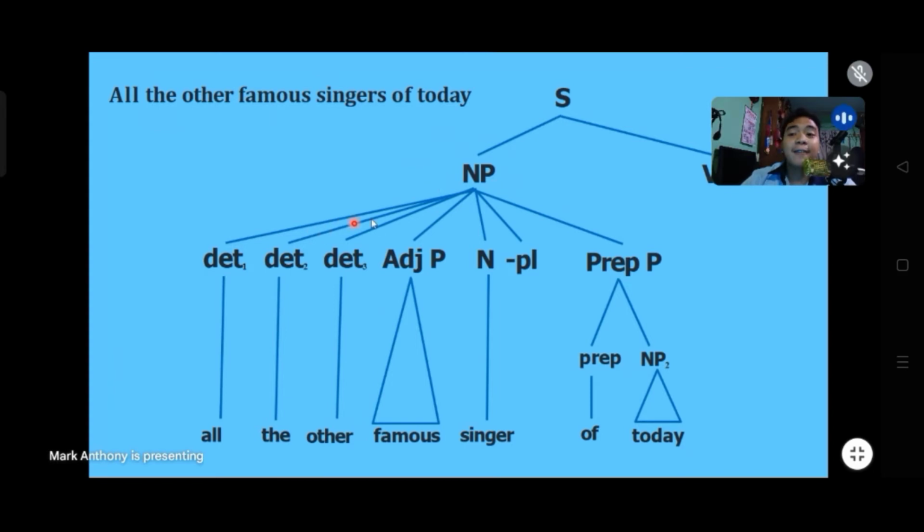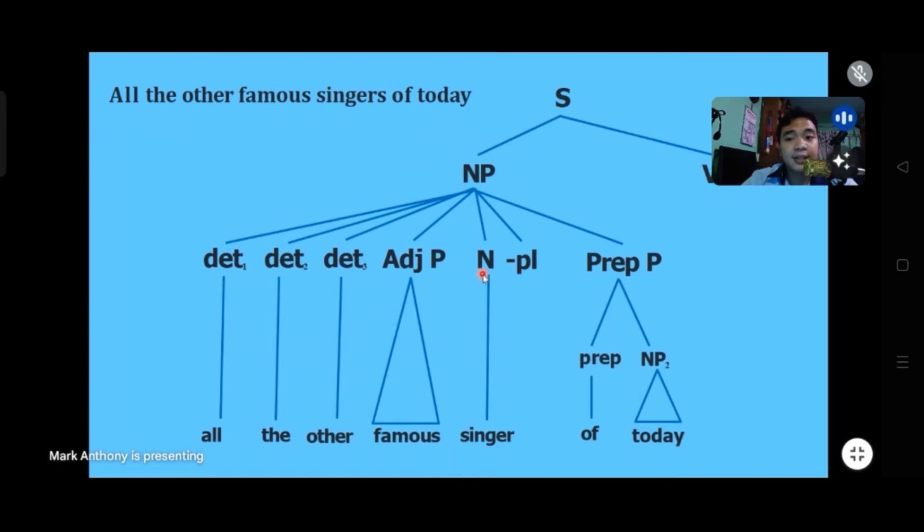We have at least three determiners present in the sentence, and those are the words "all," "the," and "other." These three determiners determine the noun present in the sentence.